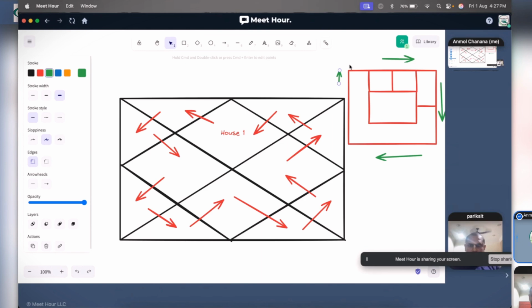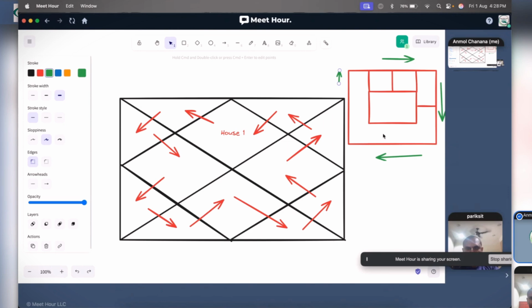This is a major difference. In North Indian style, house first will always be from here.